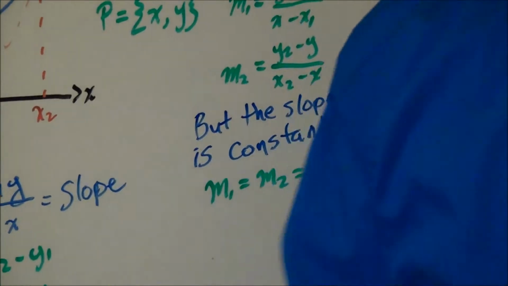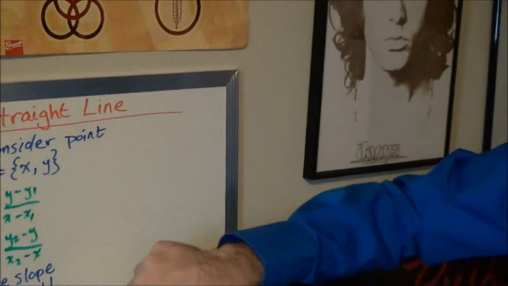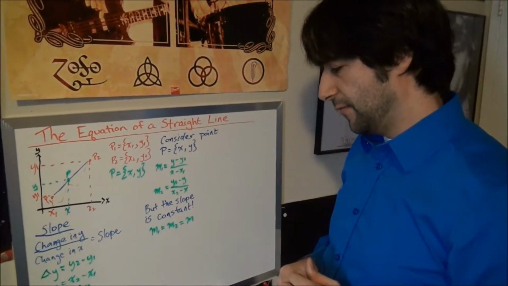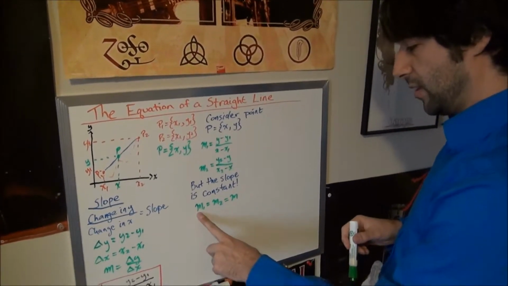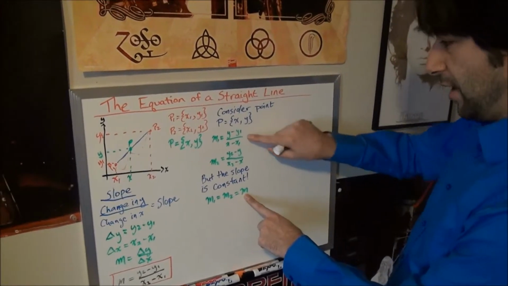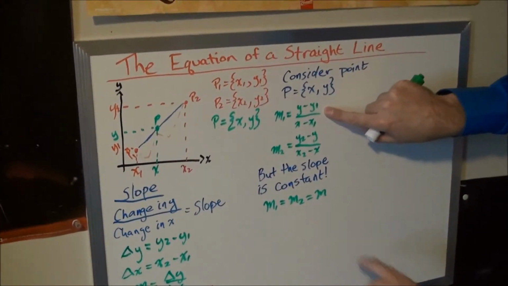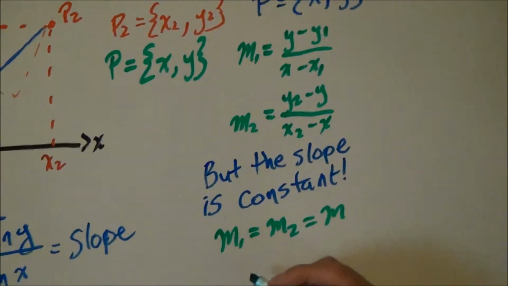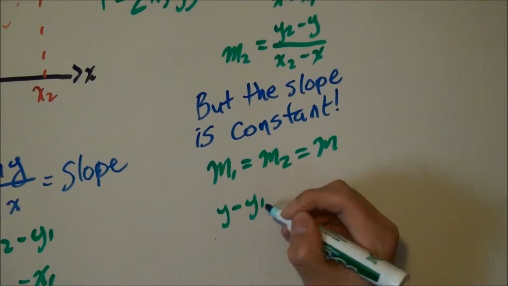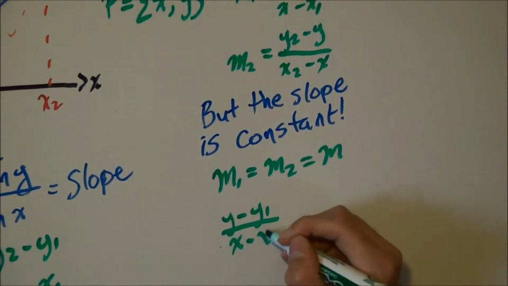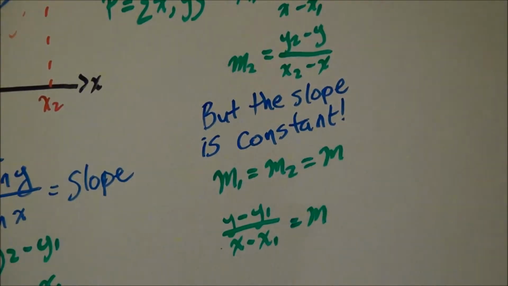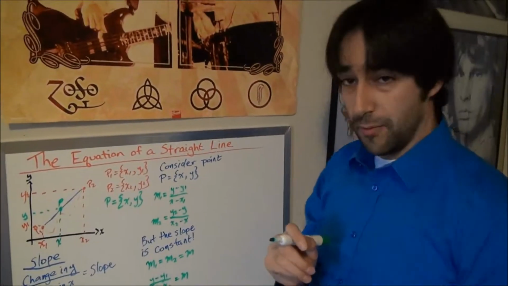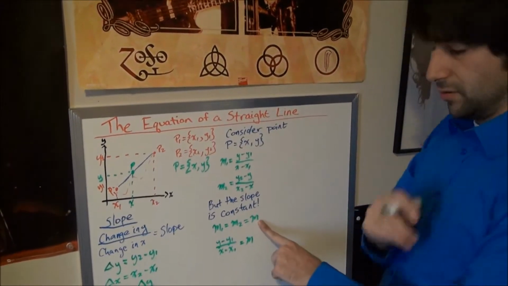Now, the fact that I have this expression gives me two equations that I can now use. The first equation will come from the fact that m1 is equal to m. Now, m1 up here is defined, and we'll just leave it as equal to m. So, our second equation will come from the fact that m2 also equals m.